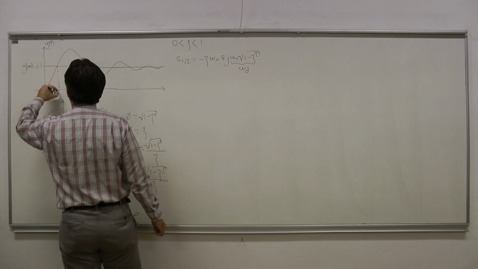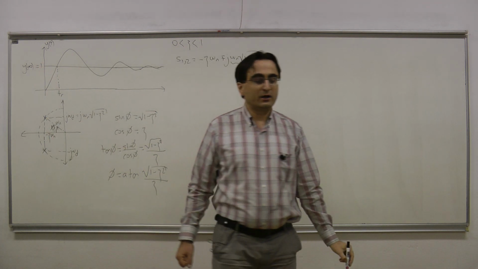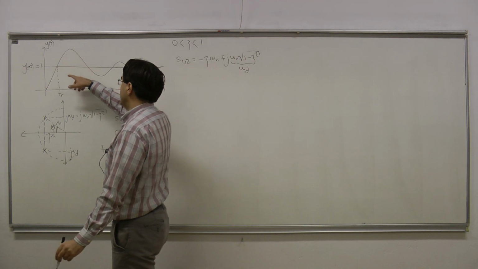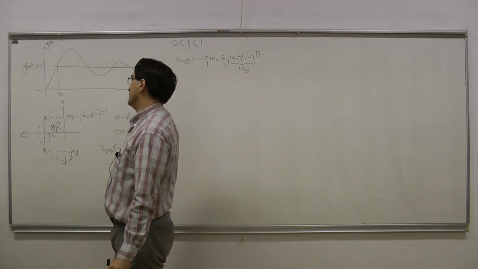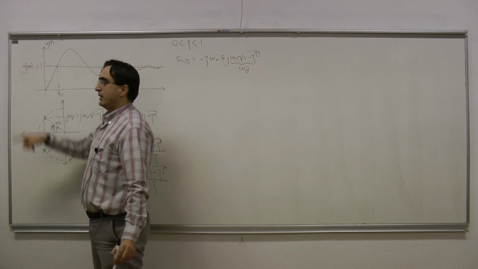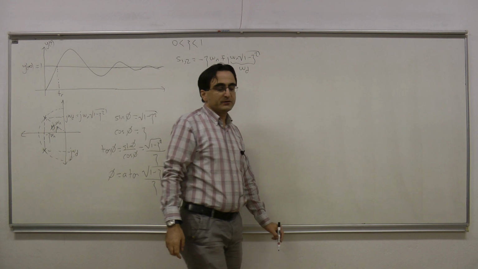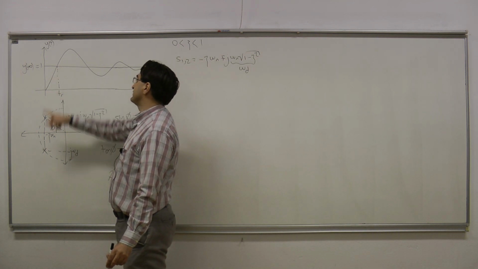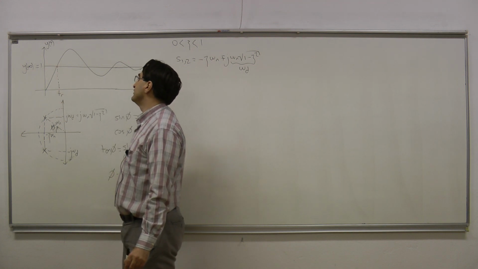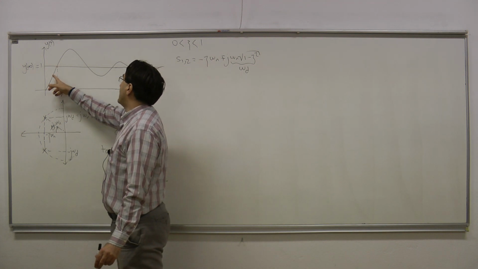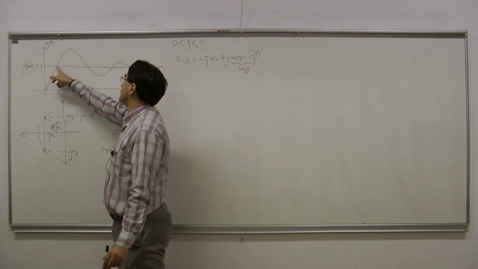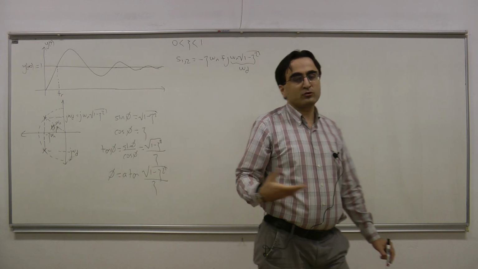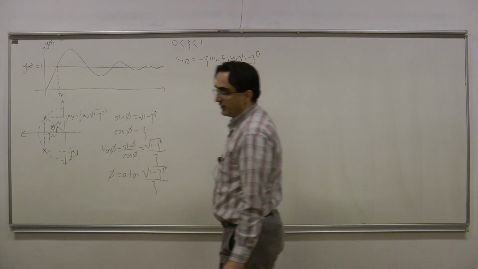TR is the first time instant that our response intersects the desired value. The desired value is also what y infinity is in our case. So I can define the rise time as the first time instant at which our response intersects the value y infinity. And that is going to be our general definition.